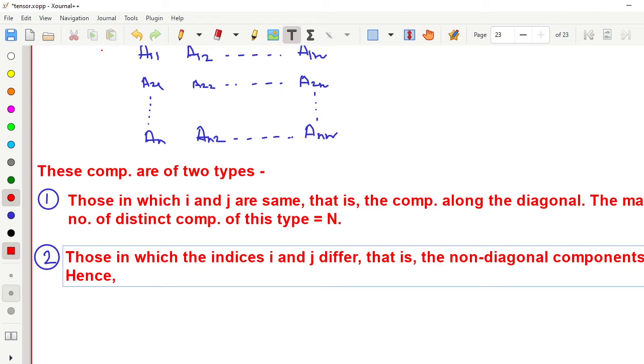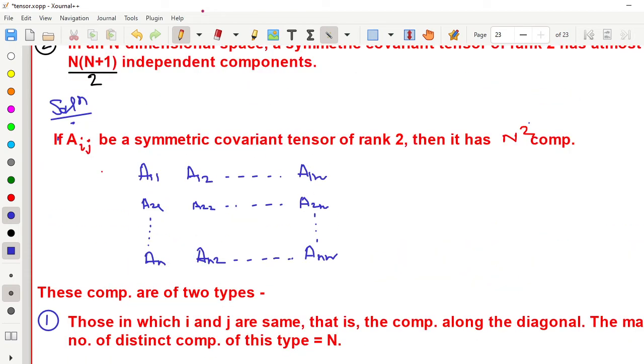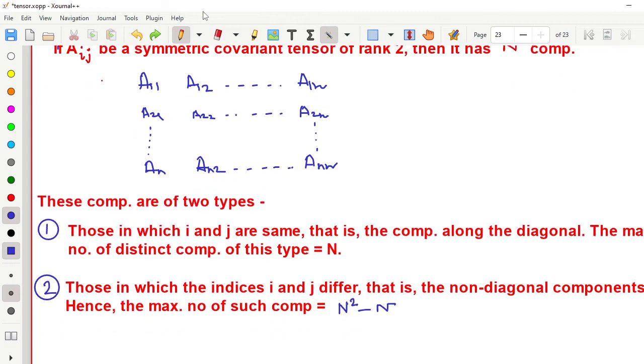Definitely total number of components তুমি আগেই বলে দিয়েছো, you have said it is n square, and from there you subtract the diagonal term, diagonalটা বাদ দাও, তাহলে you have n square minus n, which is n(n minus 1).